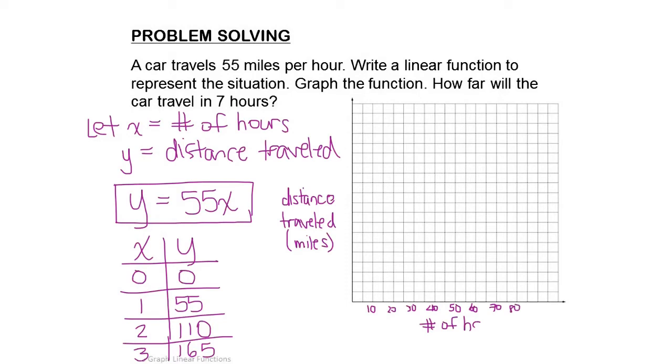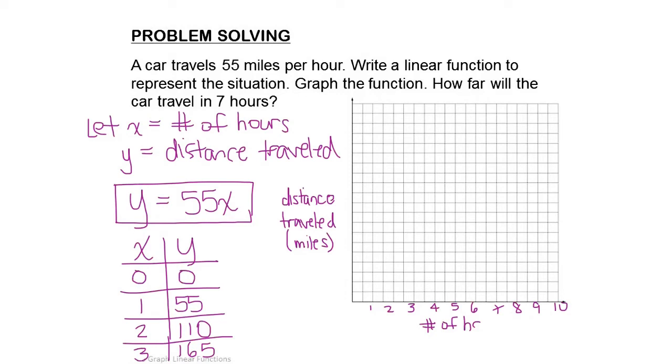Will that have enough? Nope, I actually did the wrong thing because this is the number of hours. That should only be from 0 and going up. So I'm going to make this 1, 2, every other one, 3, 4, 5, 6, 7, 8, 9, 10.